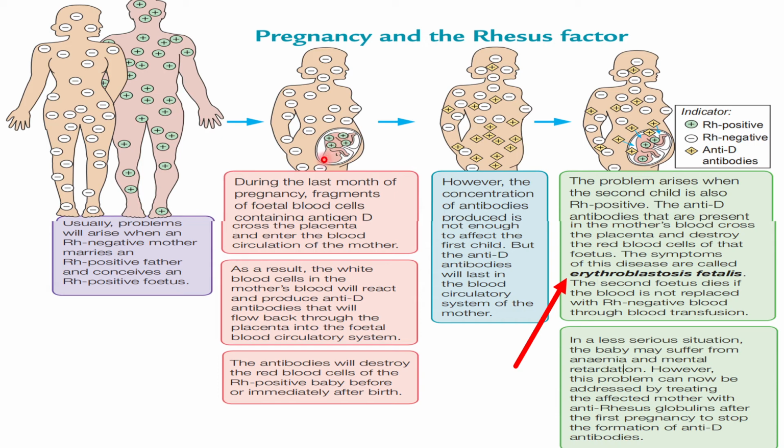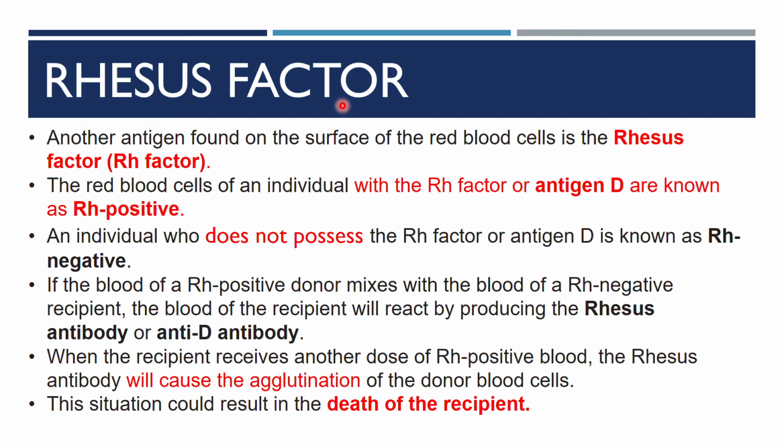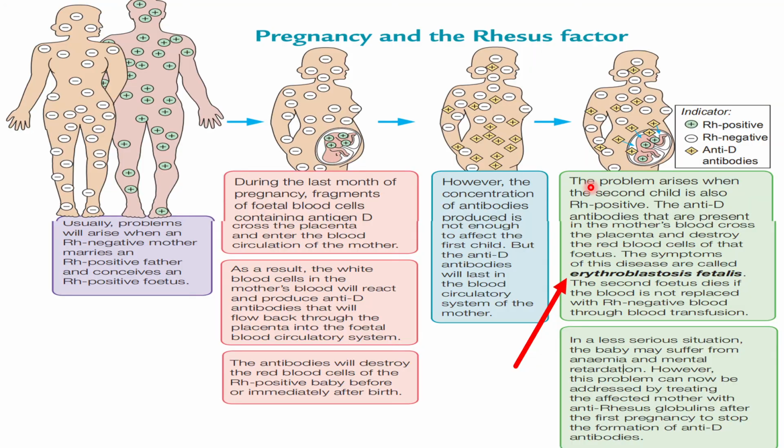During the last months of pregnancy, fragments of the fetal blood containing antigen D, because the baby is rhesus positive, cross the placenta and enter the blood circulation of the mother.